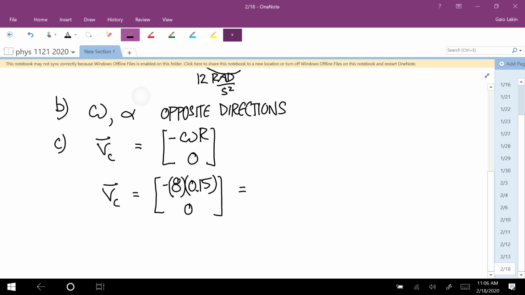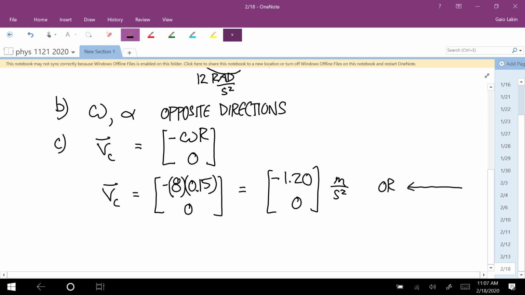So the velocity is negative 1.2, 0. Or if you want to visualize that, it's in the negative x direction. So you can think of that as a velocity in that direction with a magnitude of 1.2. Sorry, this is velocities.